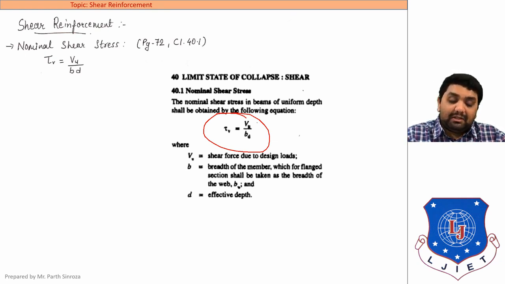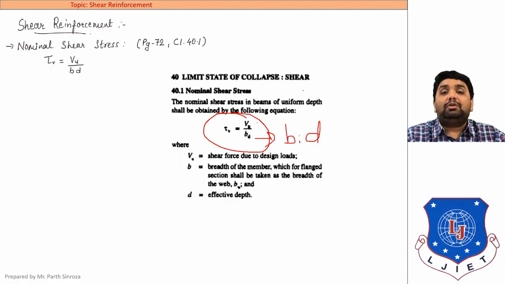It is a printing mistake, it is not b subscript d, it is b into d. So do not overwrite anything in your code, we just need to understand and use these equations from the examination point of view, clear. So the final equation will be tau v equal to Vu upon bd, where bd is our cross section area, clear.